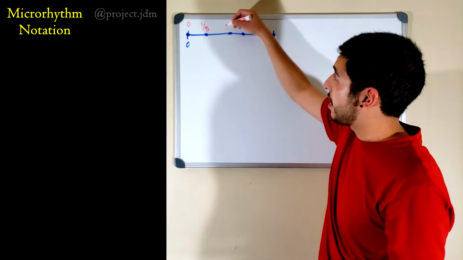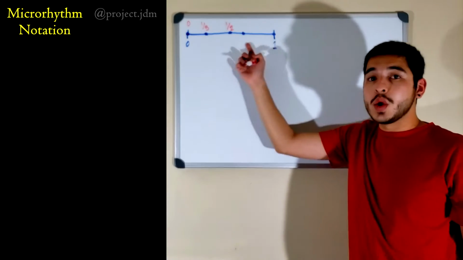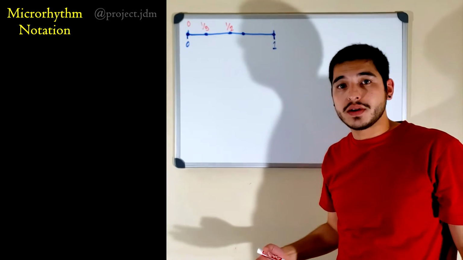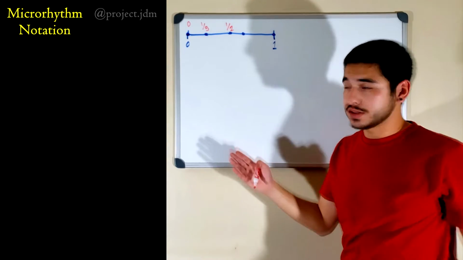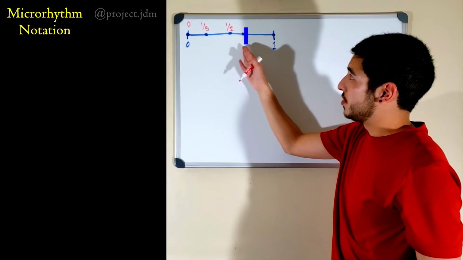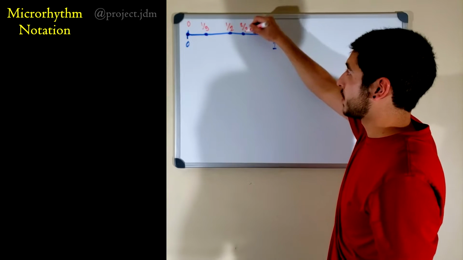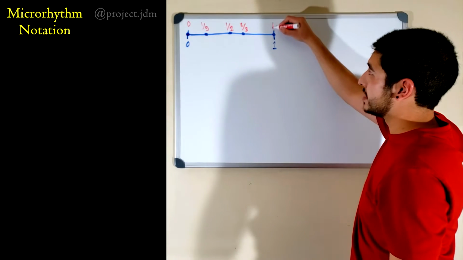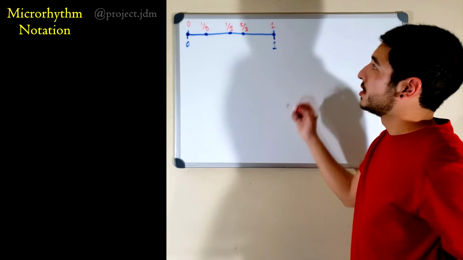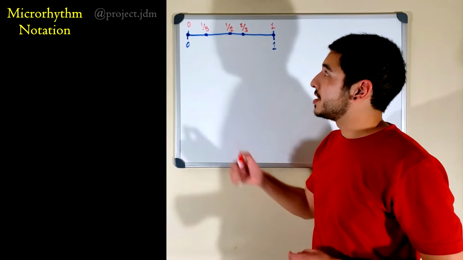So we have half, 1/2. For the fourth note, we wanted the last partial of a triplet. So we took the space between 0 and 1, cut it into 3 parts, and then we moved over 2/3. So we write 2/3. For reference, we're going to say our next beat we're given is 1.